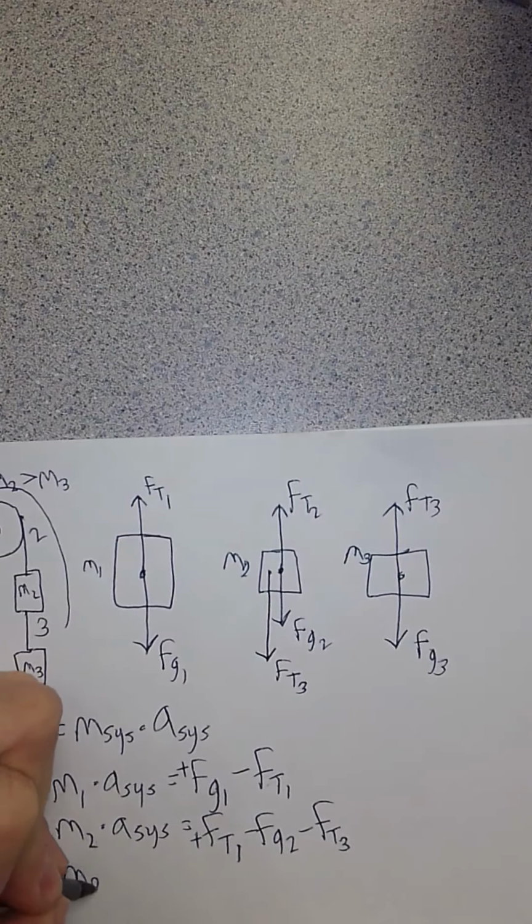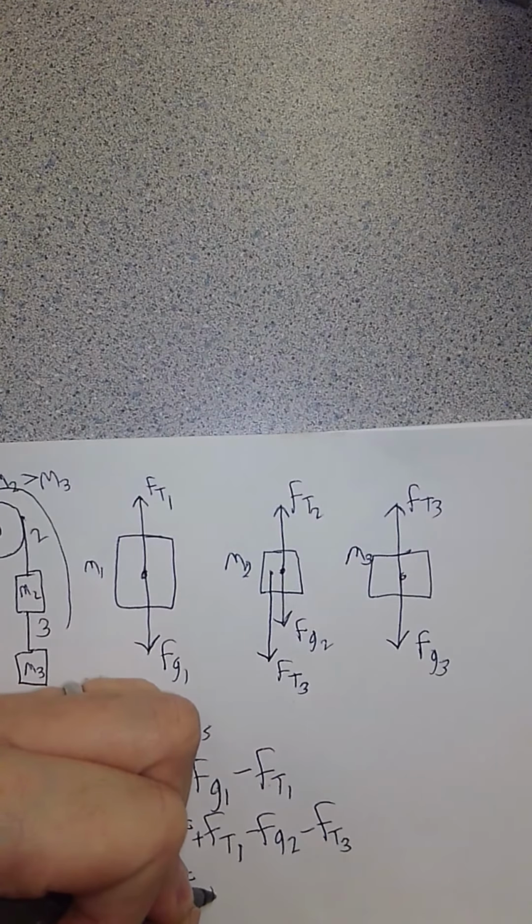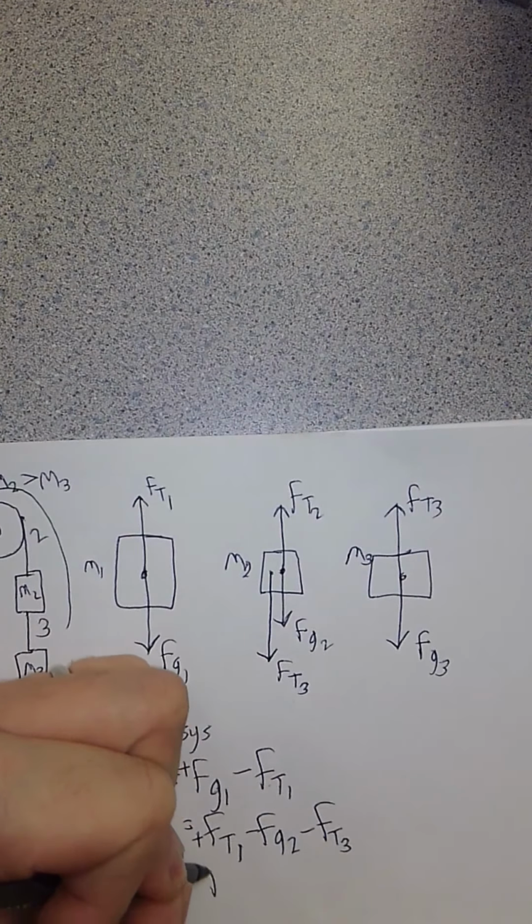It's got the weight of FG3 pulling it down, and then it's got FT3 pulling it up. Right? So mass 3 times the acceleration of the system equals FT3 minus FG3.